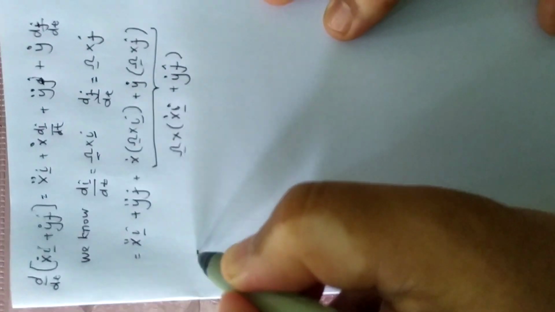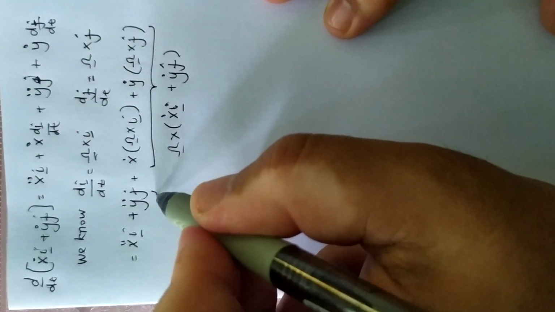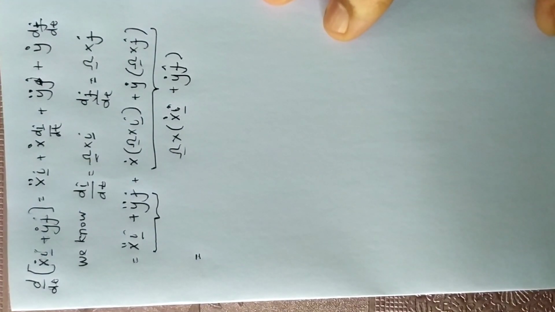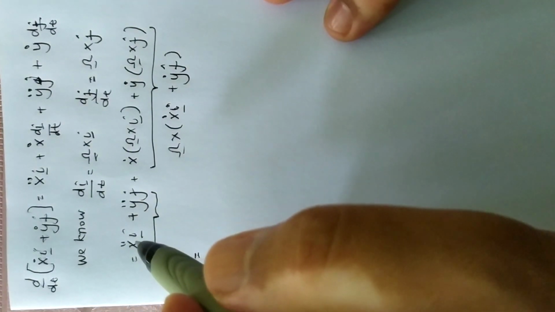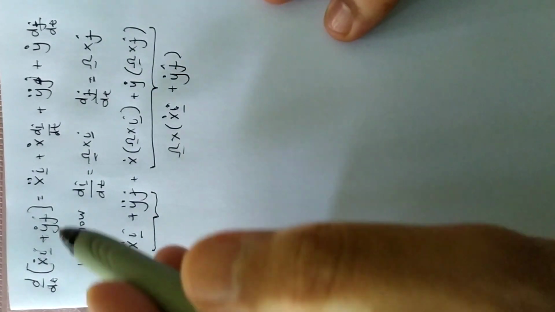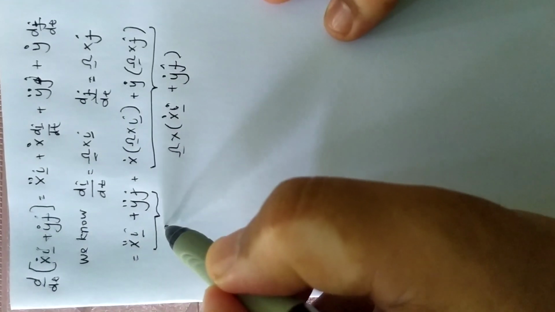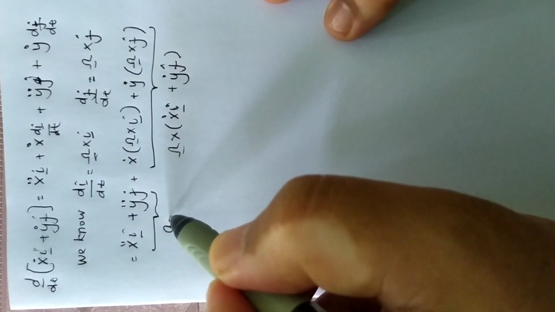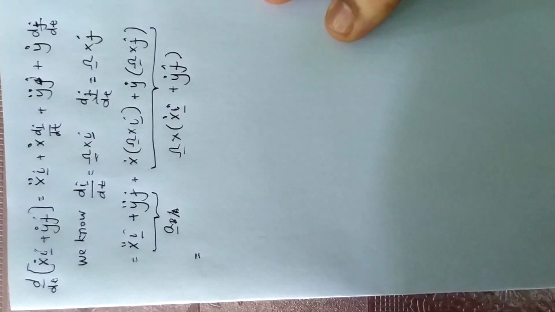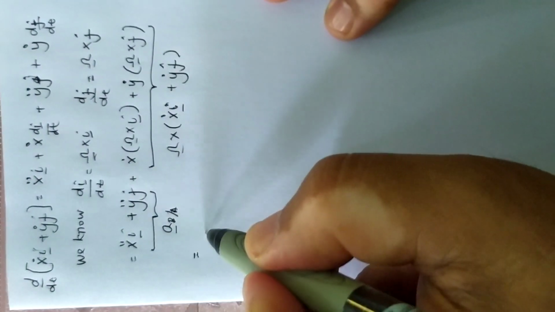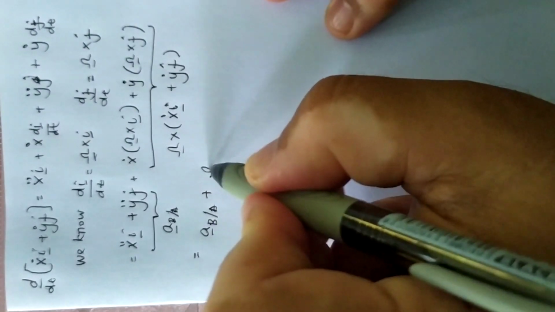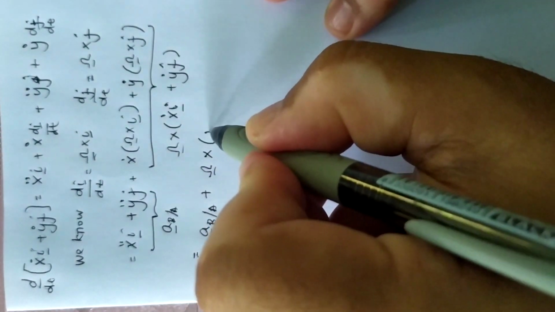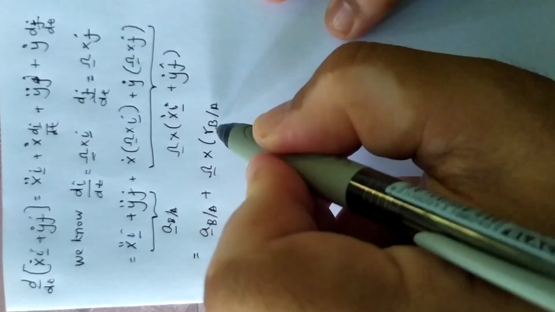So x double dot i plus y double dot j is the relative acceleration of B relative to A, and this becomes plus omega cross vB relative to A.